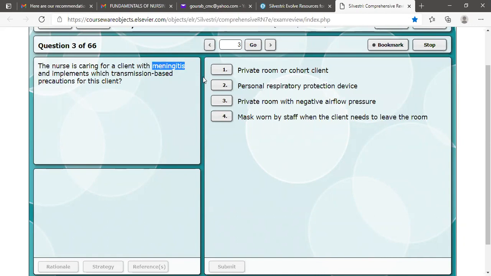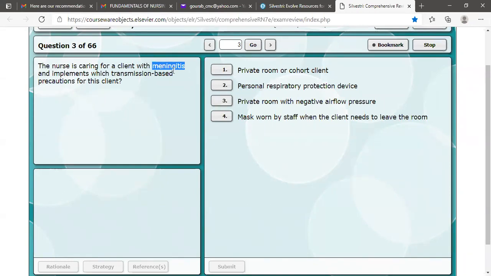So the question here: which is the best option? Private room or cohort the client? Personal respiratory protection device? Private room with negative airflow? Number 2 and number 3 are most appropriate for airborne precautions like measles, tuberculosis, smallpox, or varicella.